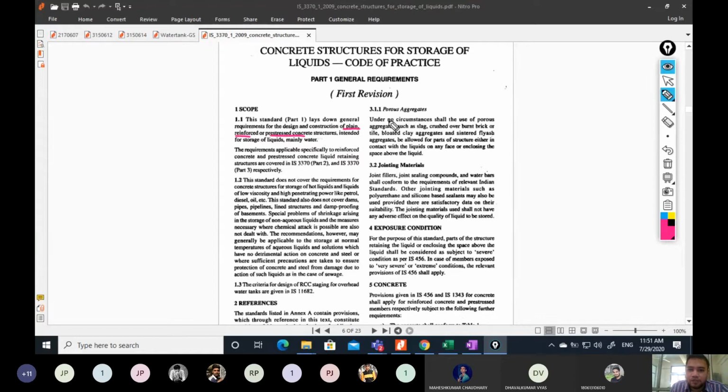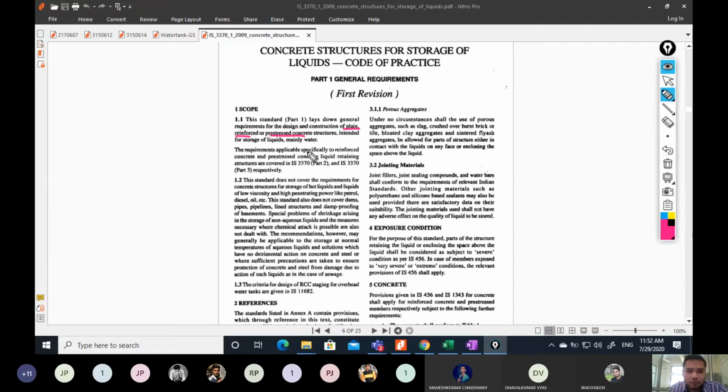Steel liquid retaining structures are not covered in this code. So for steel liquid tanks, you have to refer a different code.